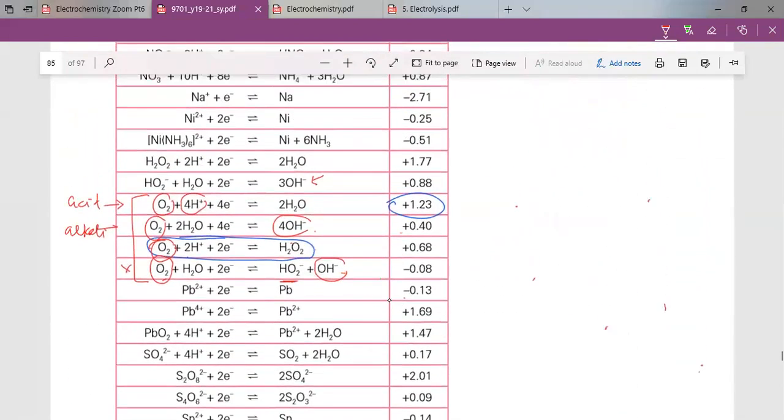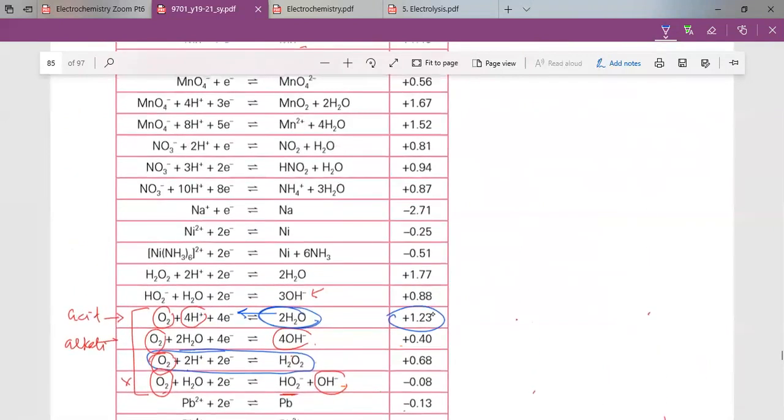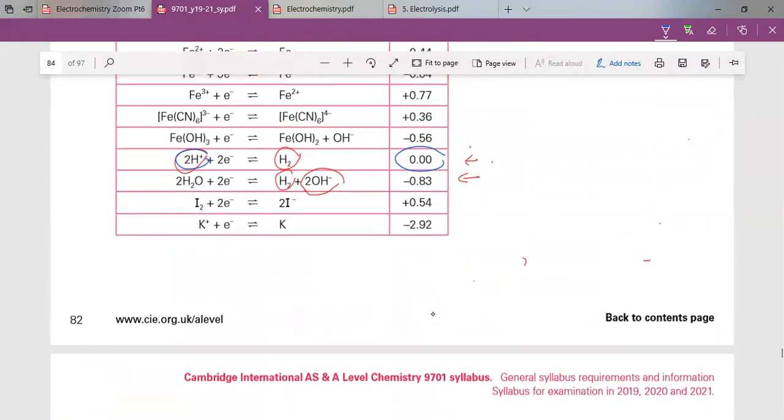Now, you see our water. The first choice of water is here, I'm going to use blue color. See, water here can go backwards, of course, it's minus 1.23. Now, water also can go forward.